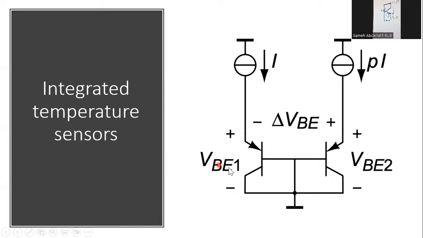So now we have VBE1, VBE2, and the difference between these two VBEs is denoted as delta VBE. The question is, how does this schematic behave, or should behave, like a temperature sensor? This should be answered in the coming analysis.